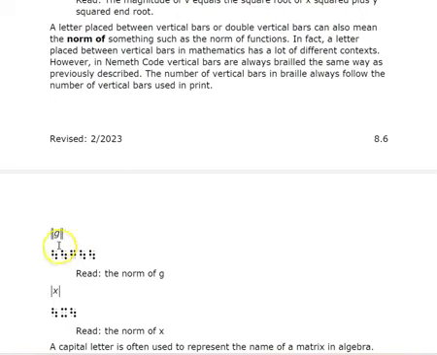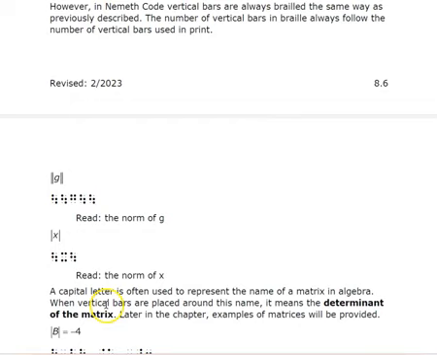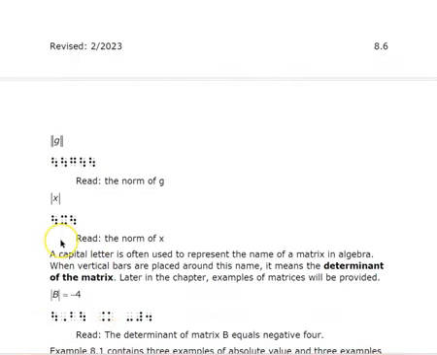So we have a G inside of double vertical bars, which is read the norm of G. So there's OU, OU, G, OU, OU. The next one is single vertical bars with an X in between. So it's read the norm of X. So OU, X, OU.